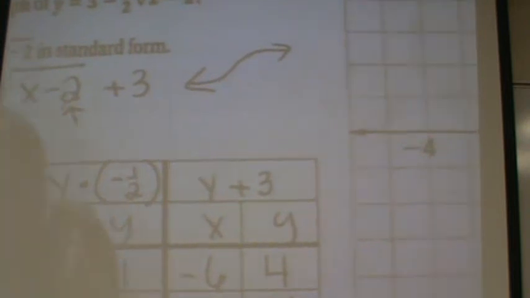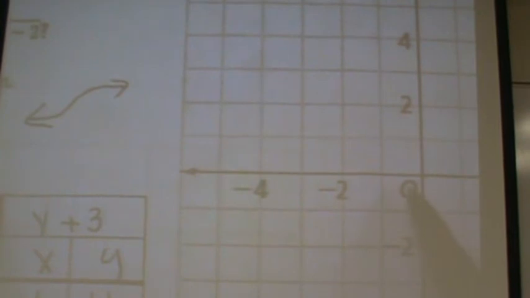So can I get this picture? Over 6, up 4. Over 1, up 3.5. Oh, wait, that's wrong. 3.5 is right there.